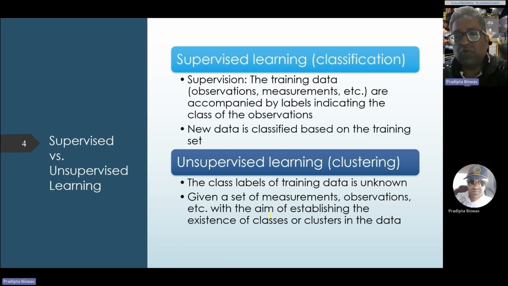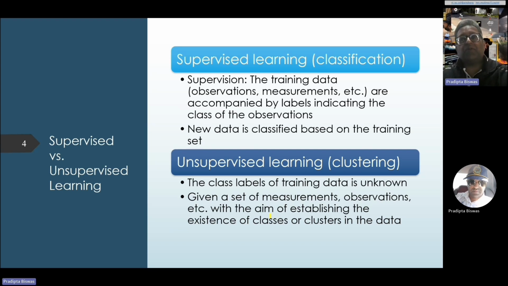So if we look back at the examples of supervised learning and unsupervised learning: in supervised learning, the training data we get is in terms of observation measurements, and we know what we want to get out of it. So we train a model, and the main trouble here is that often our observations or measurements have some inherent error, either due to measurement accuracy or transmission accuracy, or maybe for many other reasons.